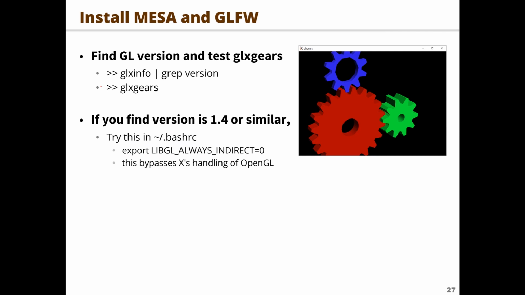Once you're done with the installation, you have to test that your OpenGL works. Run glxinfo and grep version, then you can find the OpenGL version, and run glxgears. Then you're going to see a screen like this, and then your OpenGL works.